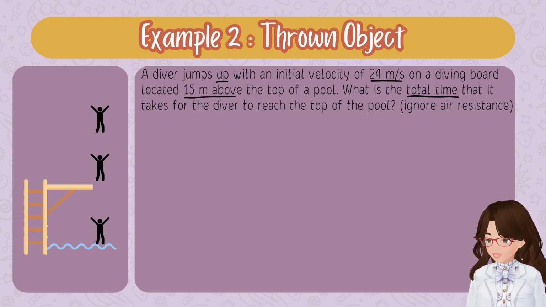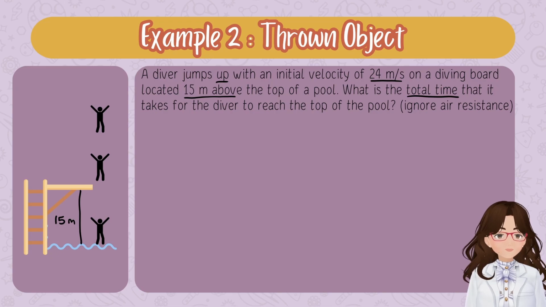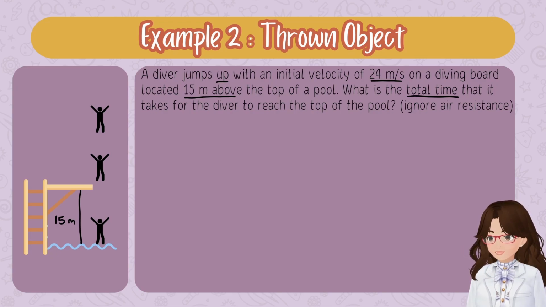Okay, so thoughts. The first thing that I know is that this distance right here, from the top of the diving board to the top of the pool, is going to be 15 meters. And then we have an initial velocity.